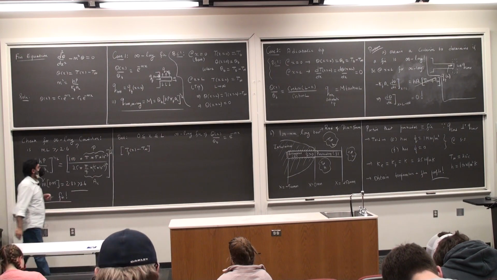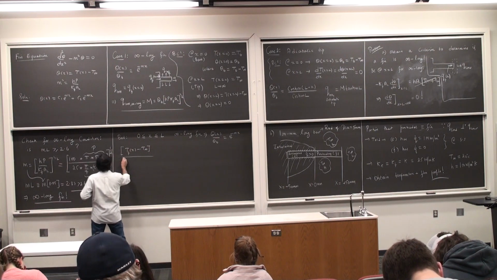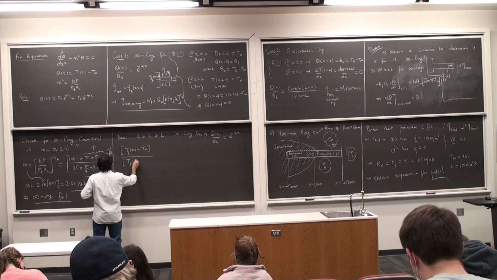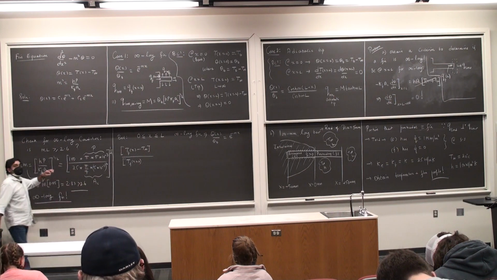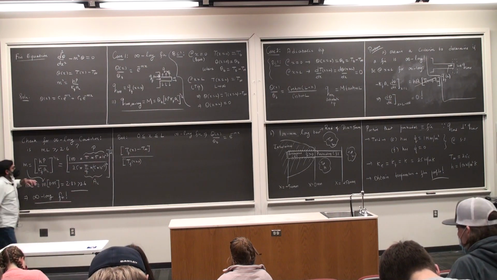So Tf at the base, the base temperature of the fin, which is the temperature of the fin at x is equal to 0. We call this T suffix b.